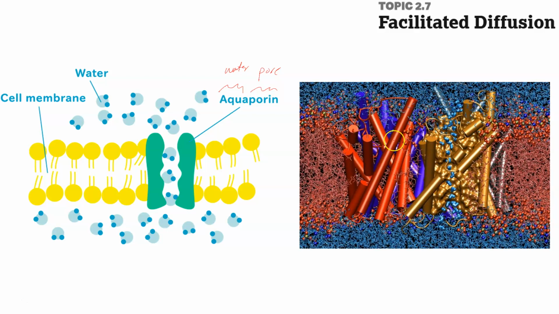The red long bars here typically indicate alpha coils, and the gold also alpha coils on these portions. Also, if you'll notice, this region in here is the hydrophobic region, the phospholipid bilayer, and on either side it's flanked by these red and blue circles, which are the hydrophilic regions.